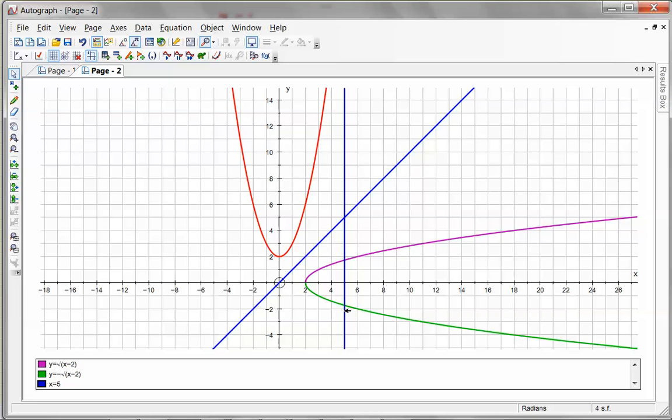But is there any way you could test the original function without having to work out the inverse function to see whether it had an inverse or not? Because it's a diagonal reflection, you could just do a horizontal line test. Exactly. Do you all get that?